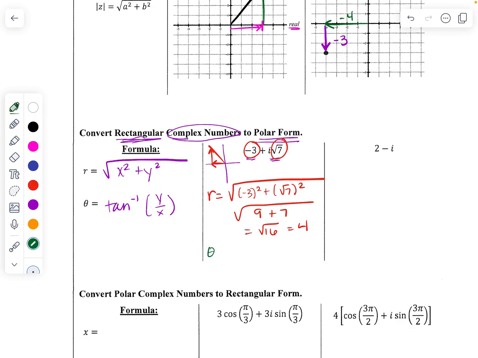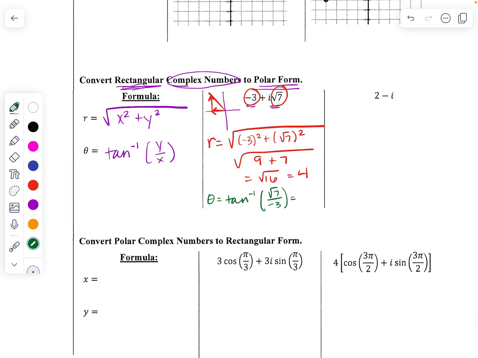And our theta, again, is inverse tan of y, which in this case is √7 over x, which is -3. Put that in your calculator, and remember, inverse tangent only gives you values from first to fourth quadrant. So if it gives me -0.723, remember that that's here.